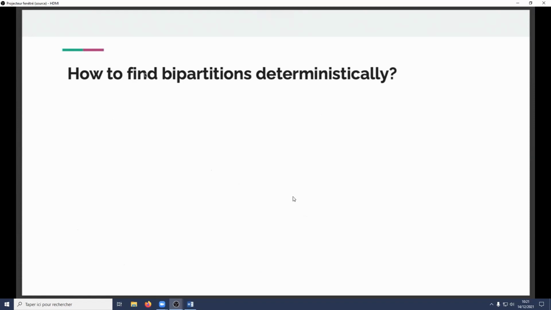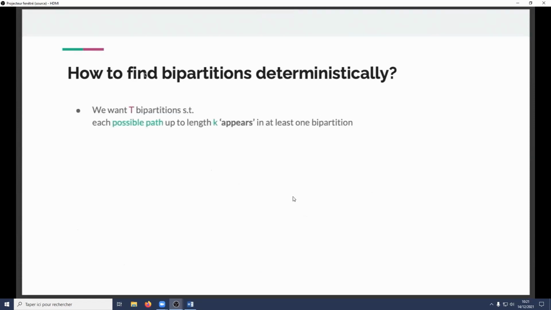This is a little bit tricky. What we want is to find T bipartitions such that every possible path of nodes appears in at least one of these bipartitions. So what does appear mean? Appear means that a path has colors black, white, black, white, black, white, so alternating colors, such that in at least one of those bipartitions, our matching algorithm has the possibility to augment that path.